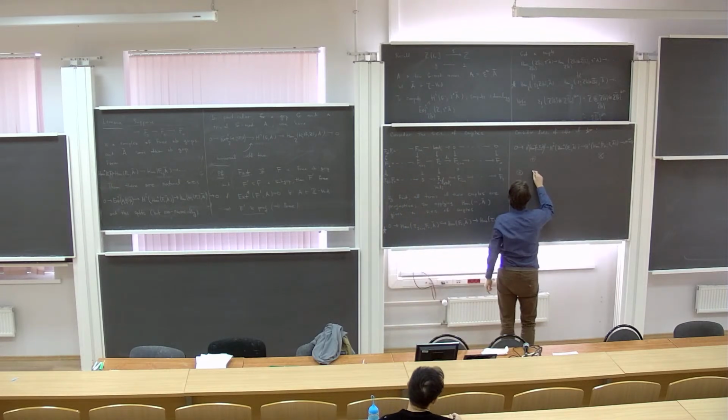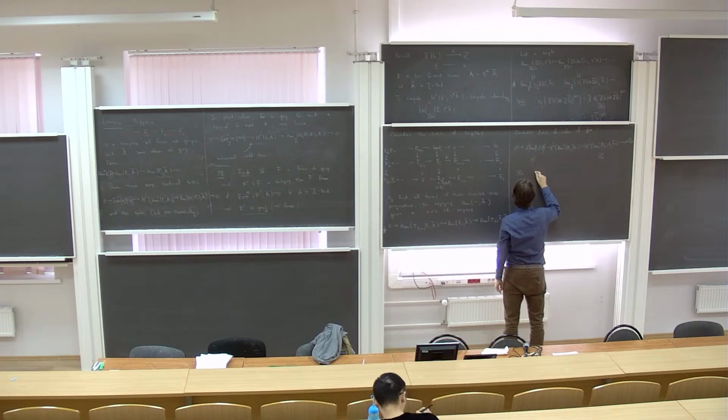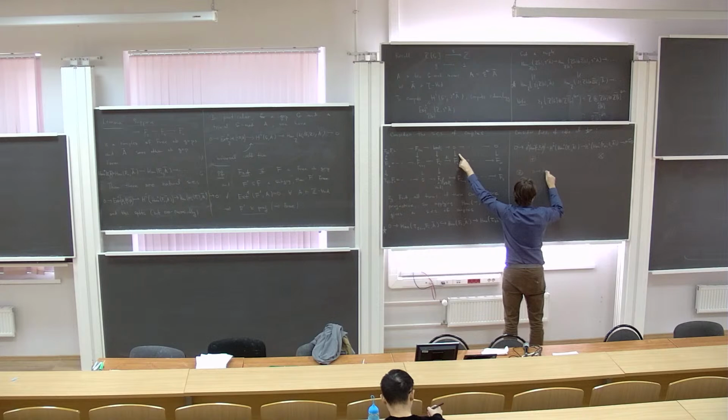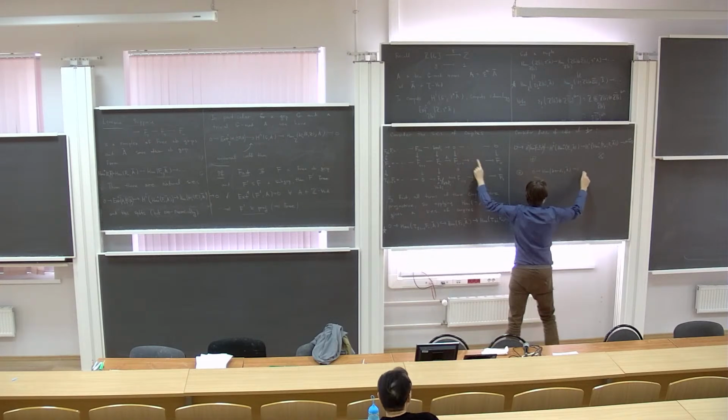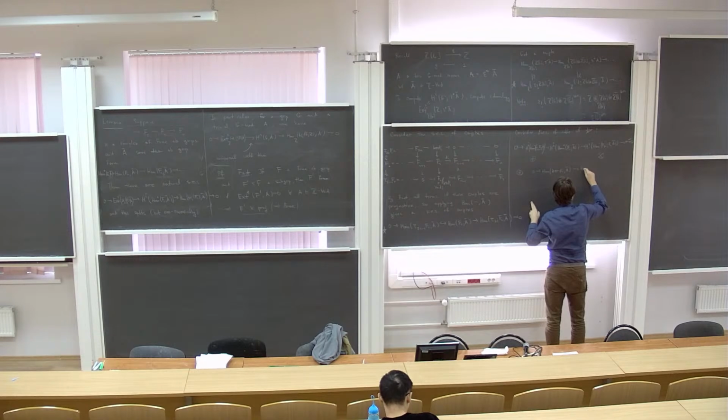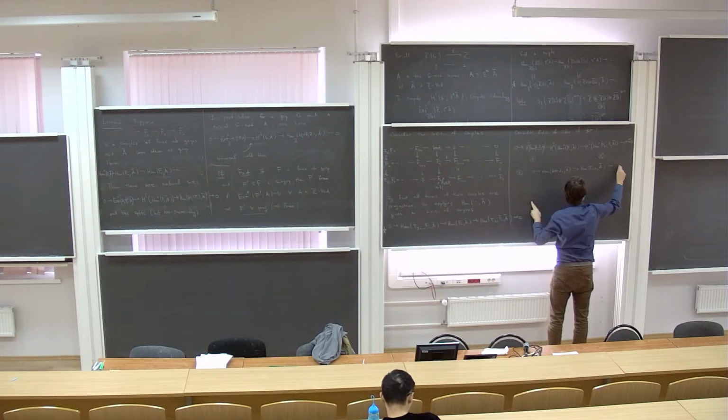Okay, so we look at 0, Hom of the kernel of d_i into A, then Hom of f_{i+1} into A, and so on.